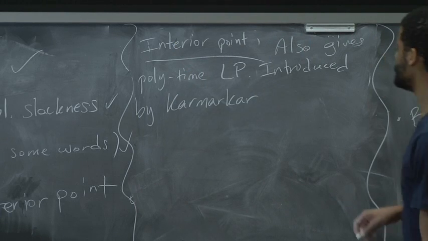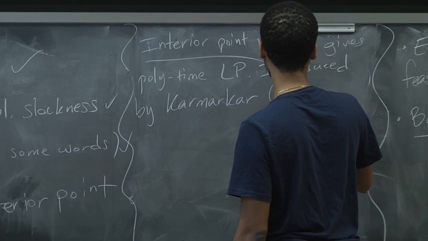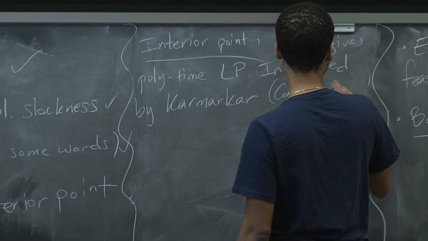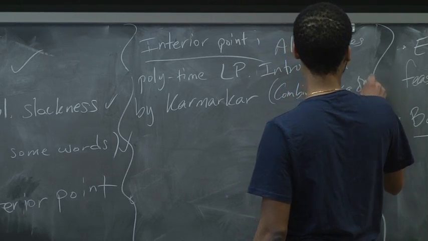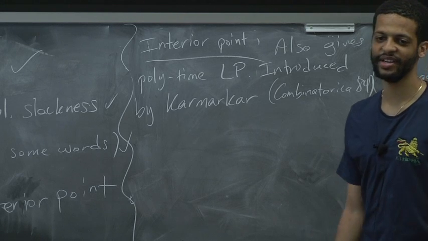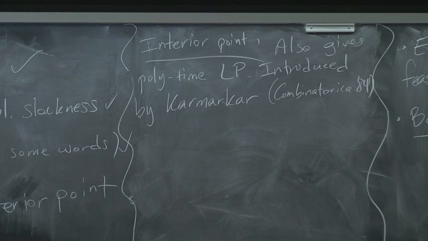The journal version was the same year, Combinatorica '84. It's been quite influential. There are entire books written on interior point, and you can use it to solve other convex programming problems as well.